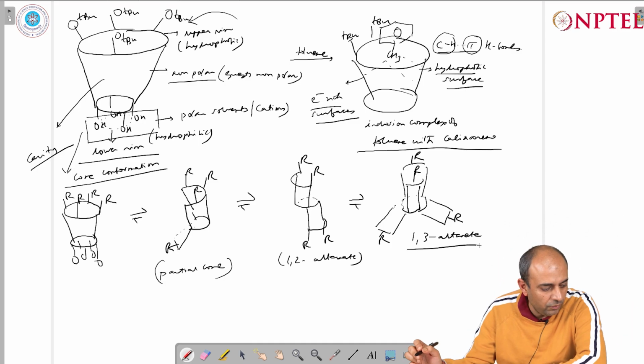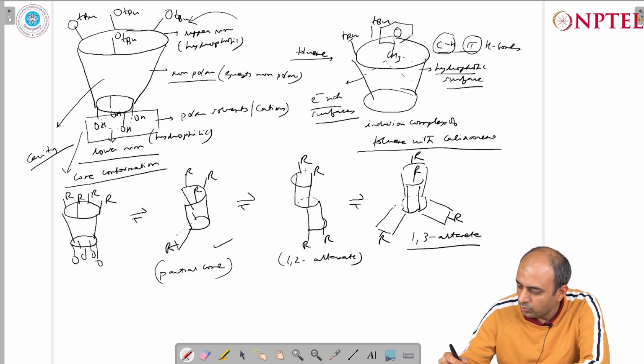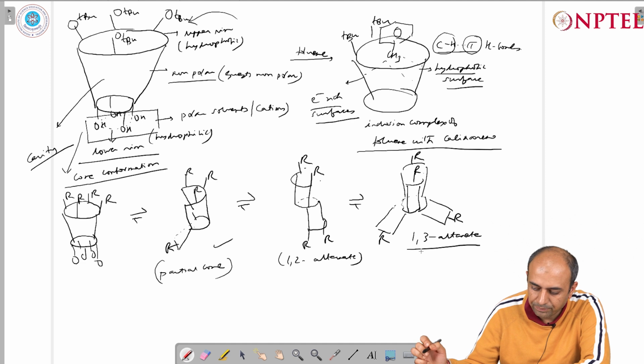So these are the 4 different conformations in which my calixarenes can exist. We have the cone, the partial cone conformation, the 1,2 alternate, and the 1,3 alternate conformation as well.